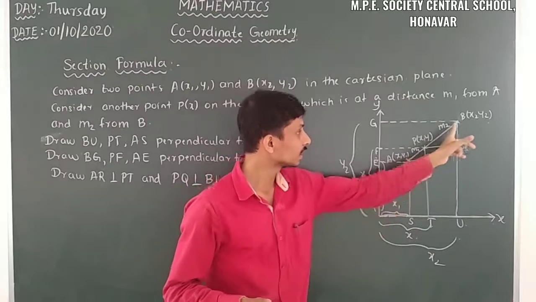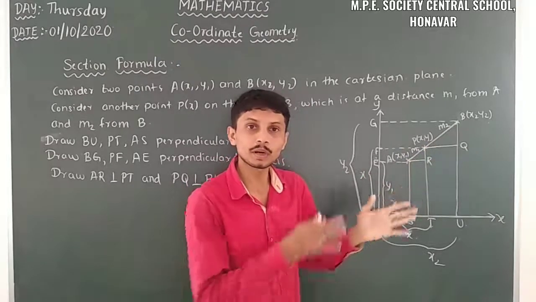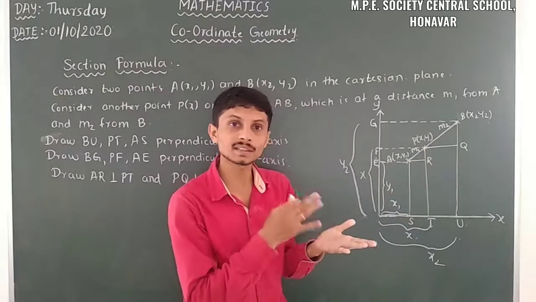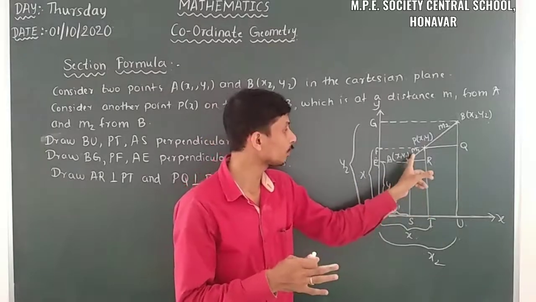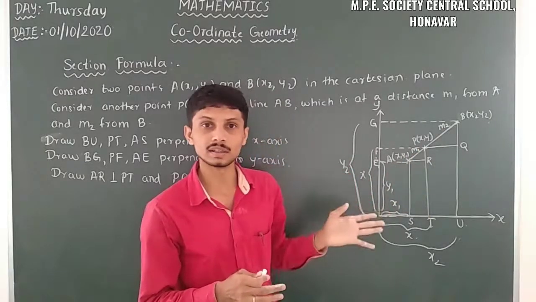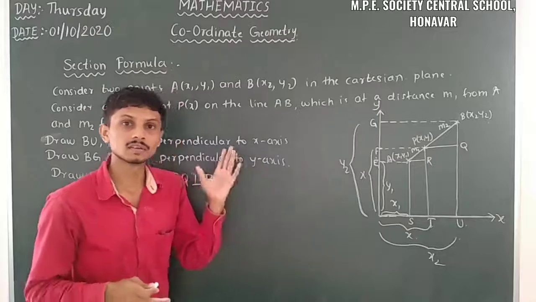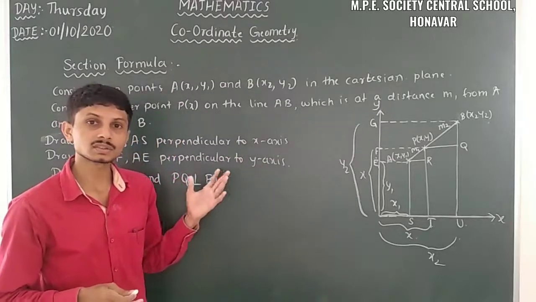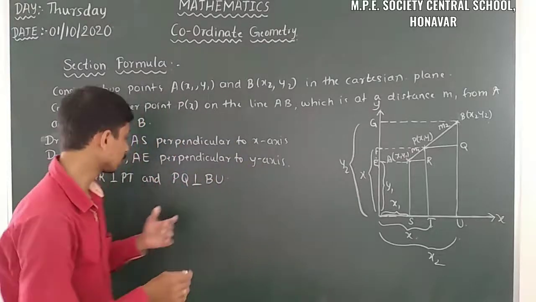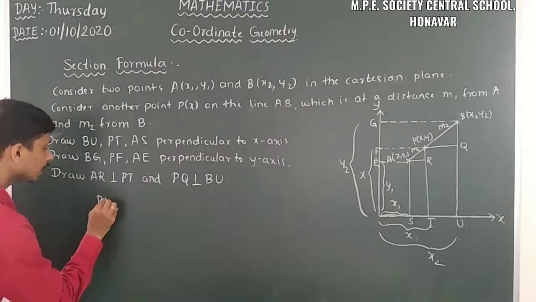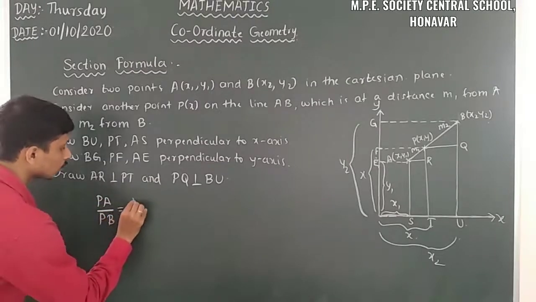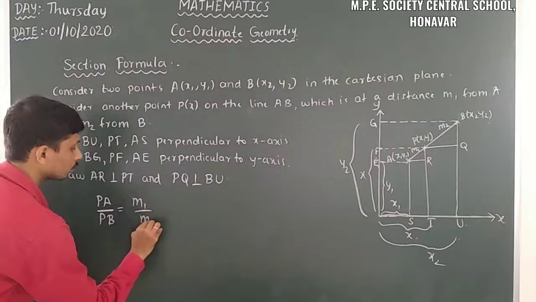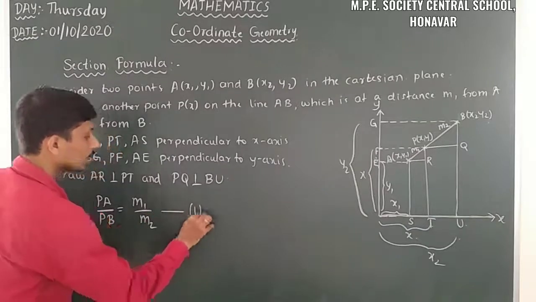That means this point cuts the line AB in the ratio M1 is to M2 internally. So we have the relationship PA by PB is equal to M1 by M2. This is our equation number 1.